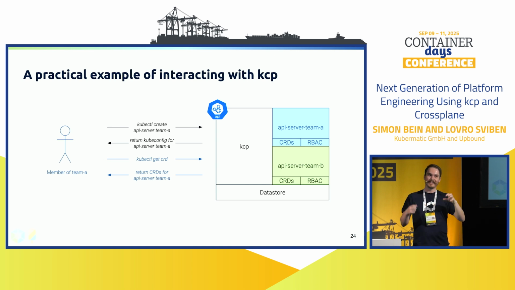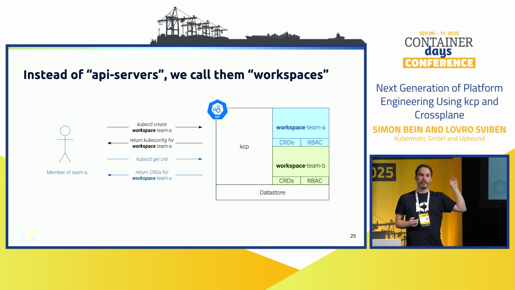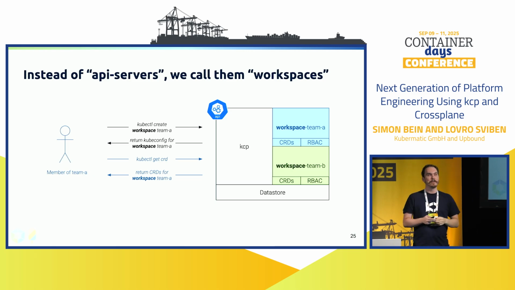But instead, it's an API server on steroids that has logical interpretations of more API servers. And in order to avoid this confusion, we don't call them API servers, but we call them workspaces in KCP. And a workspace is only around 3 megabytes in RAM. That's the impact of one of these, and it gets spun up in seconds.